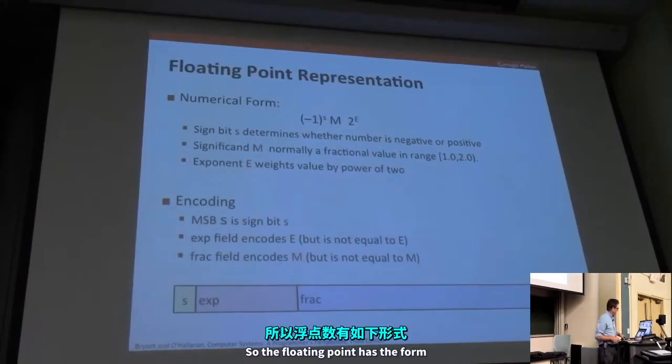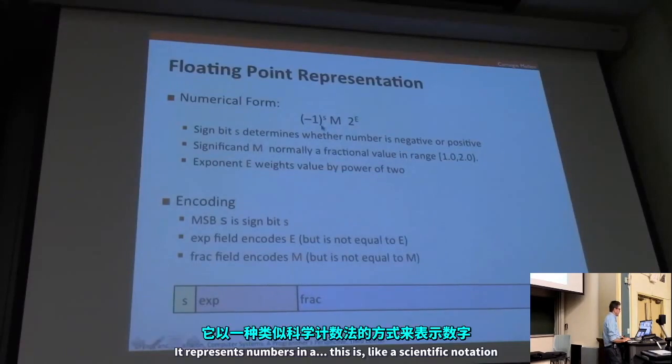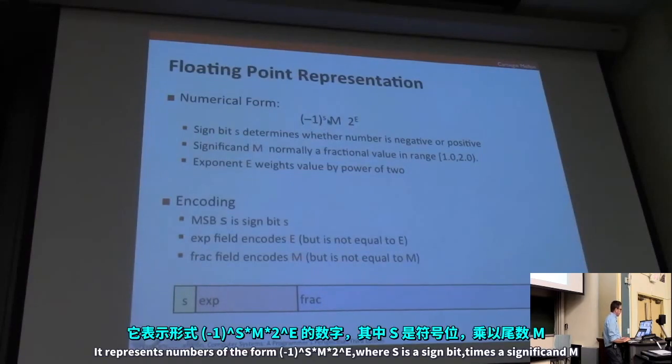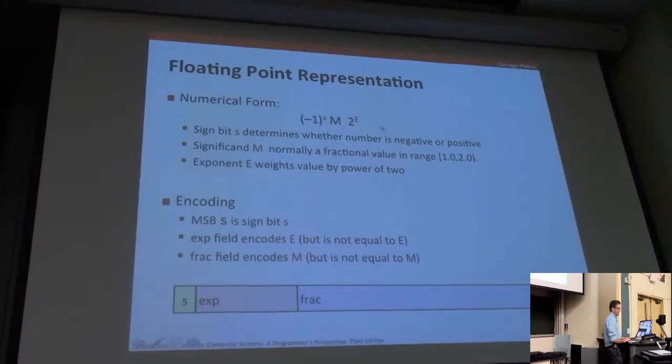So the floating point has the form, it represents numbers in what is like a scientific notation. It represents numbers of the form (-1)^s, where s is a sign bit, times a significand m, times 2 to some exponent e.